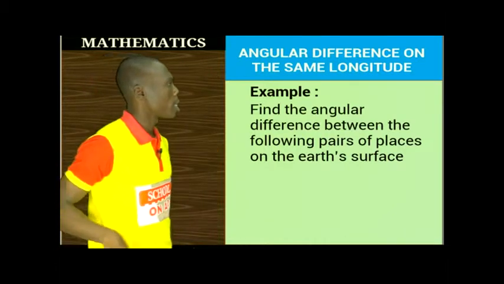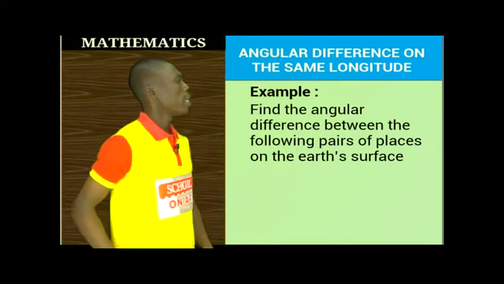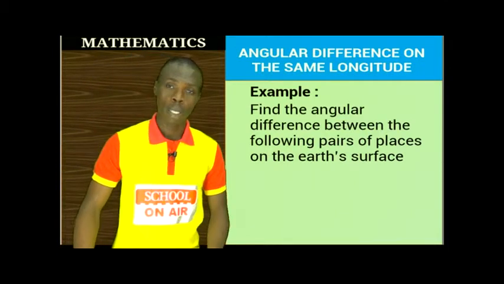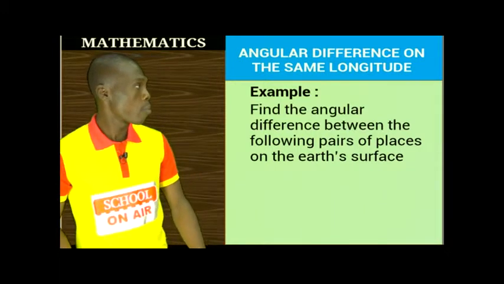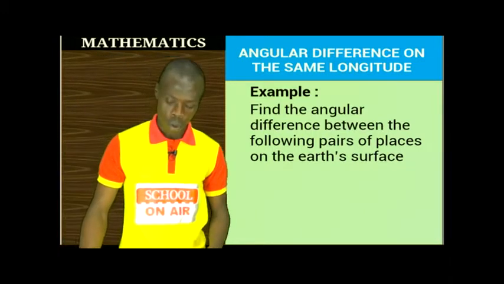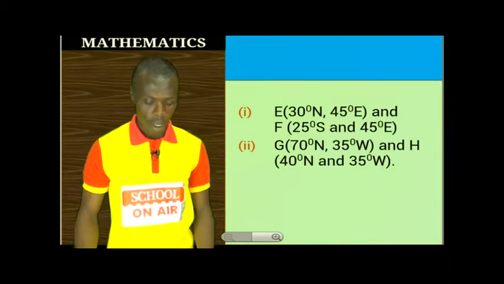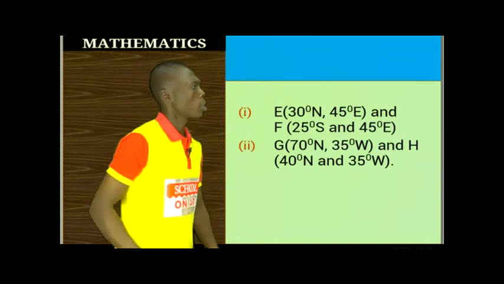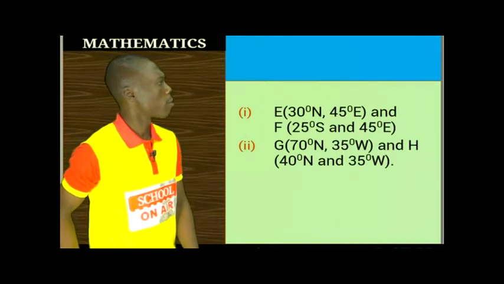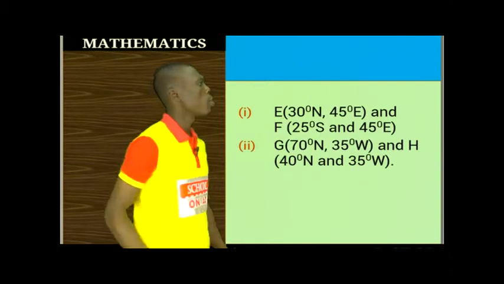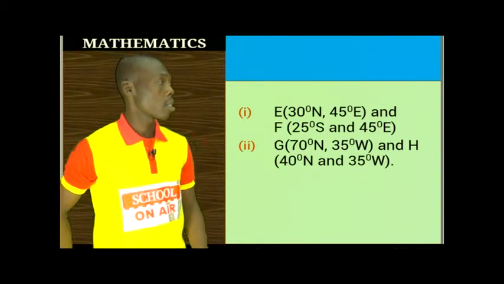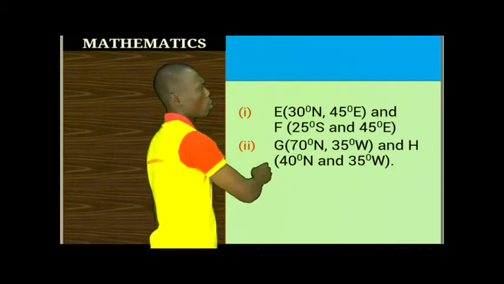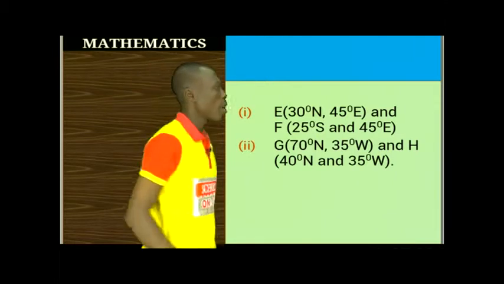Let's take a look at this example. It asks us to find the angular difference between the following pairs of places on the Earth's surface. The first has point E at 30 degrees north latitude and 45 degrees east longitude, and a position F at 25 degrees south latitude and 45 degrees east longitude.